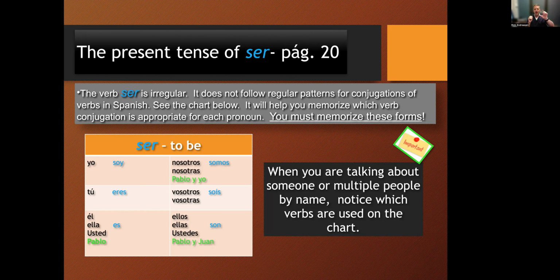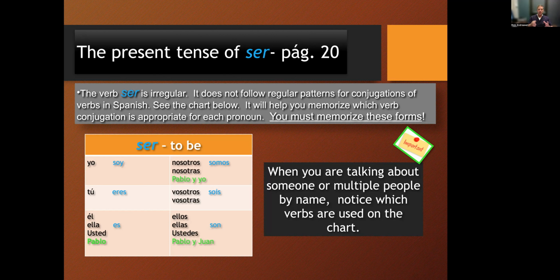And then remember that when you're talking about groups of people, if you're substituting out that pronoun for the subject pronoun. So for example, if you look on the table on the left, ser, under nosotros, it's we, but it also means Pablo y yo. So even if you're not saying the word nosotros, Pablo and I are going to the store, that's inherent in we. So you're going to use that first person plural conjugation.